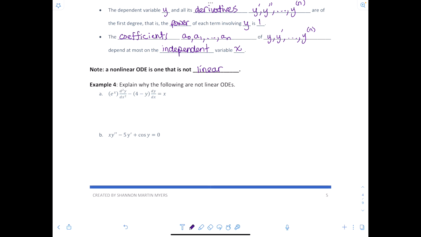But here you've got 4 minus y instead of something that does not depend on y. Remember, the coefficient cannot depend on y. Here, the coefficient does depend on y.